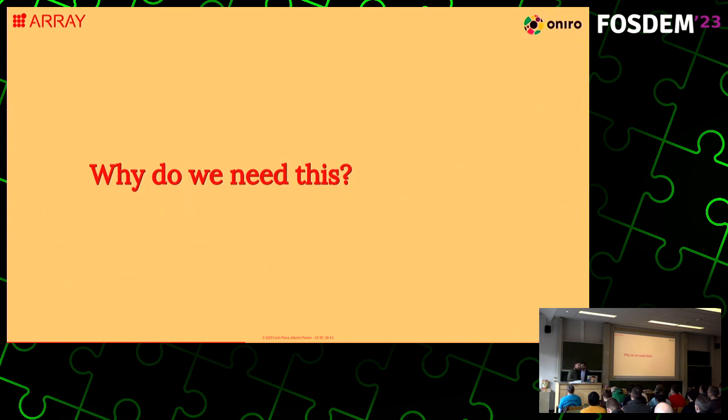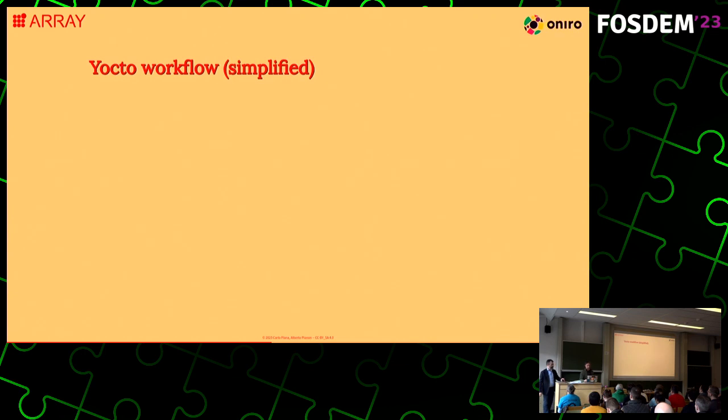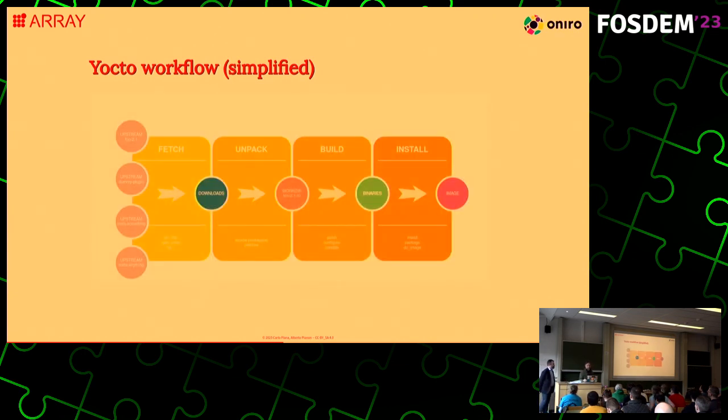So, thank you, Carlo. The question is, why do we need this? The Yocto workflow, for those of you already familiar with it, is quite simplified here. We have recipes. Recipes can map to a single upstream source component, but possibly also to different upstream components, maybe the main application and then some plugins.